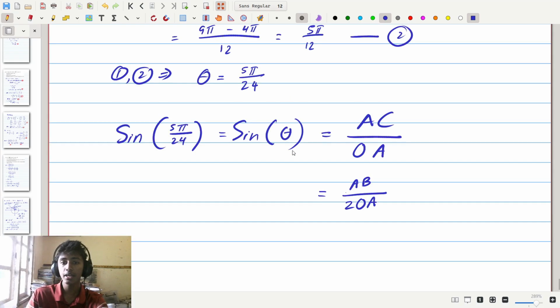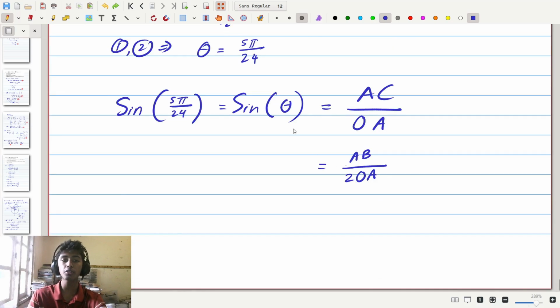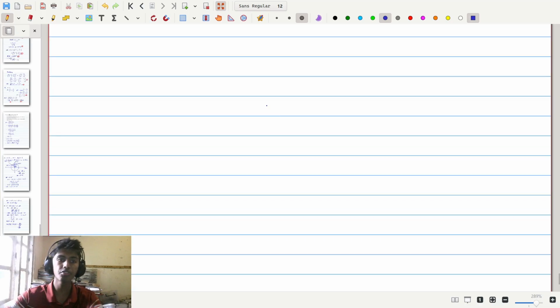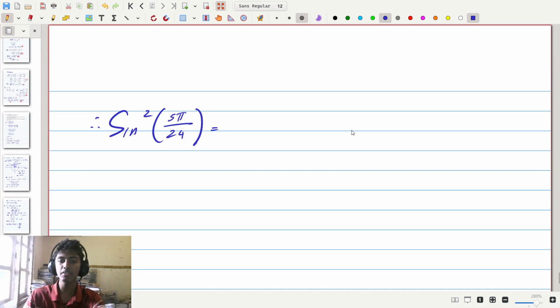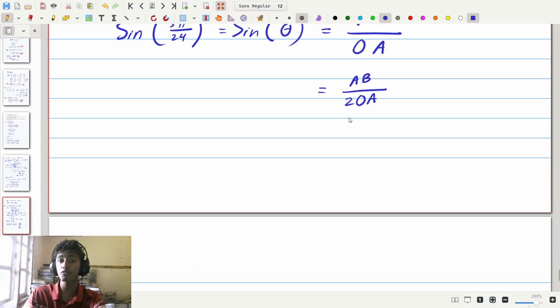So now finally, we can substitute both of these values. We previously found AB squared, and we defined OA based on the modulus of Z. So if we substitute the two values in, first squaring the expression, we get: therefore sine squared of 5 pi by 24 is going to be equal to AB squared divided by the denominator squared, which is going to be 4 OA squared.